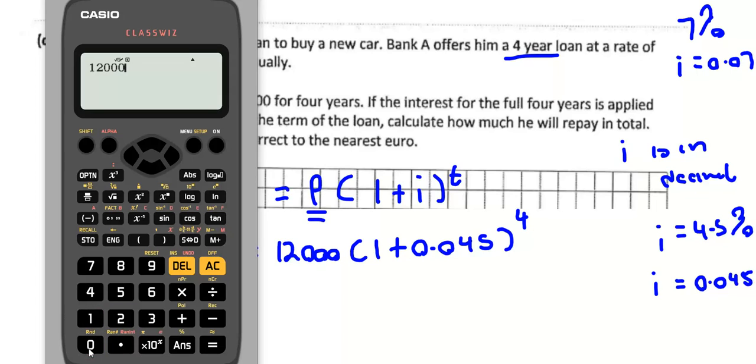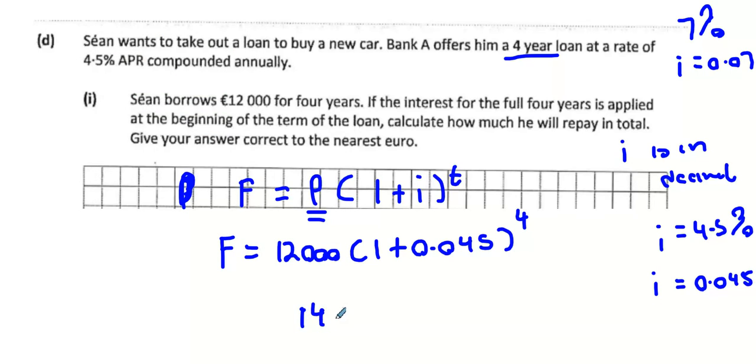And your answer is, anybody get the correct answer for this one? 14,310 to the nearest euro. Okay, that's it. Read the formula, use the formula question. Yes, it is. Financial maths under there. Okay.